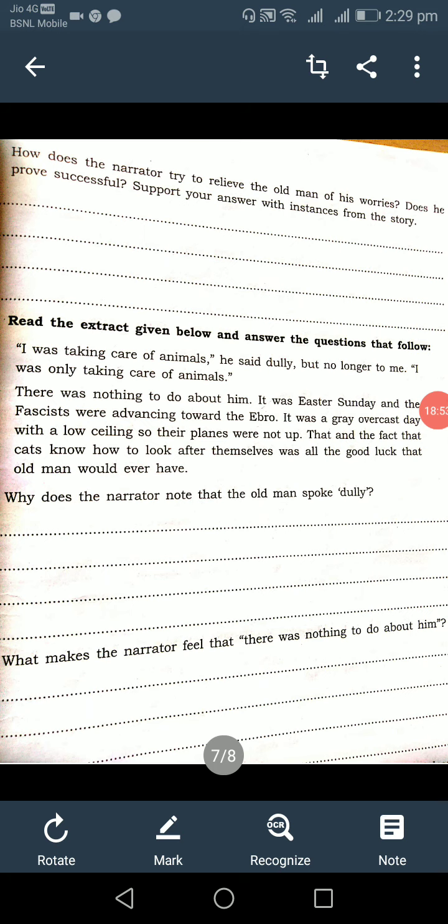Then he becomes a friend indeed for the old man, but he's not able to relieve him of his worries. So this is the reason that the narrator realizes that nothing can be done about him.